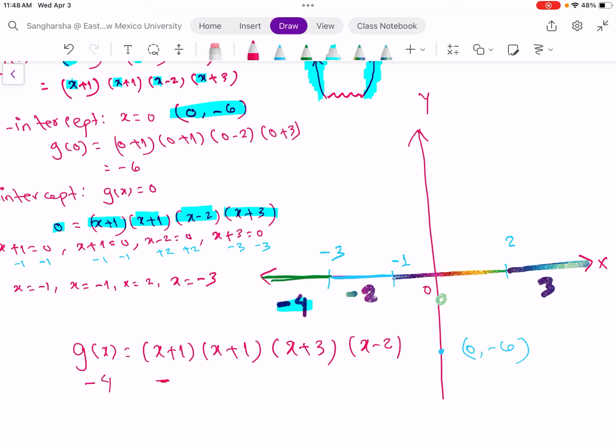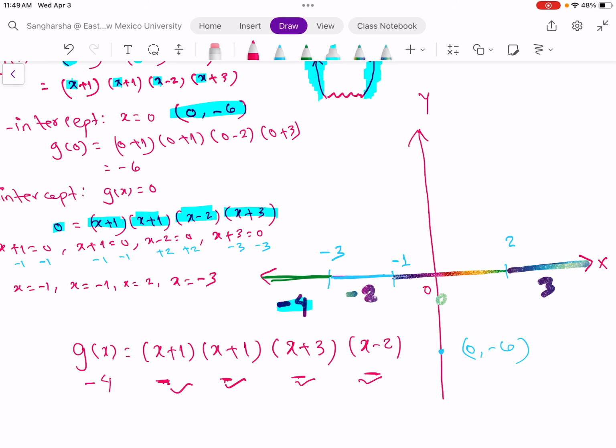We are not worried about what number we get, we just want the sign. So negative 4 plus 1 is negative. Negative 4 plus 3 is negative. Negative 4 minus 2 is negative 6. So negative times negative is positive, times negative is negative, times negative is positive. So we're going to get positive.